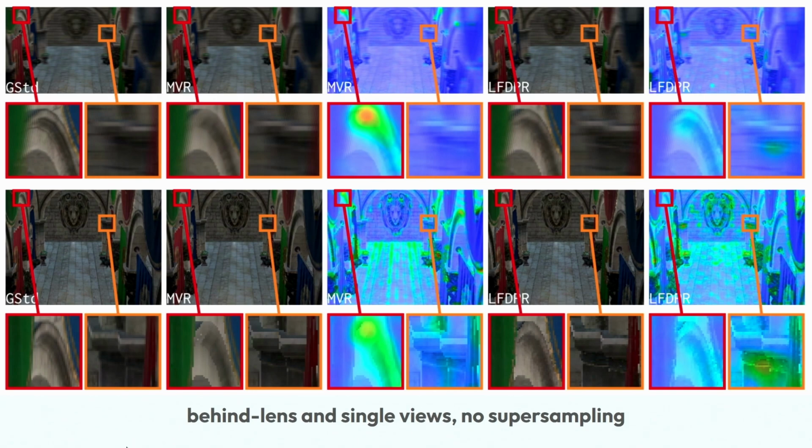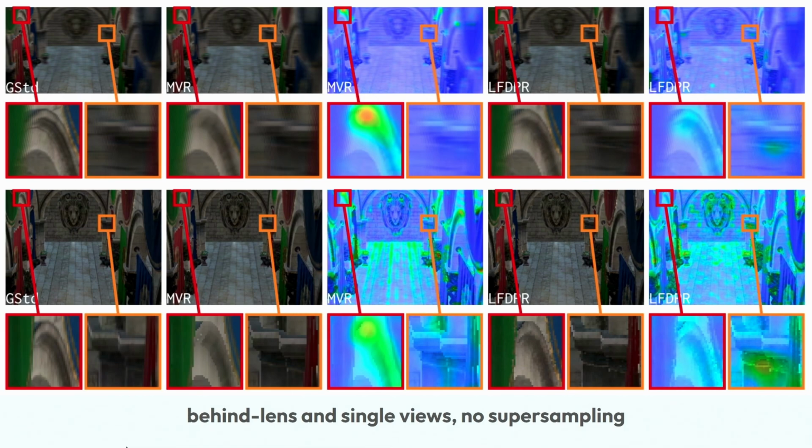And then here we're beginning to zoom in. So this is all the Sponza scene. The top row shows one of these interwoven behind-the-lens images. And then the bottom two rows are one particular view extracted out of that.